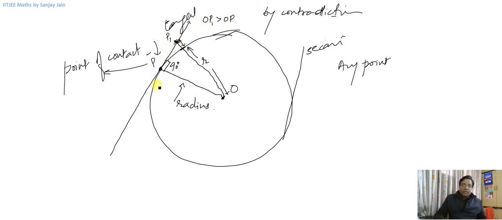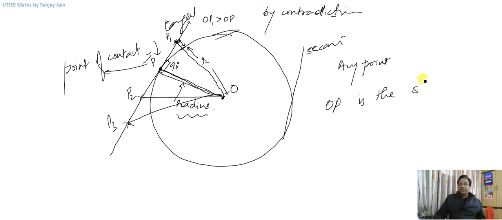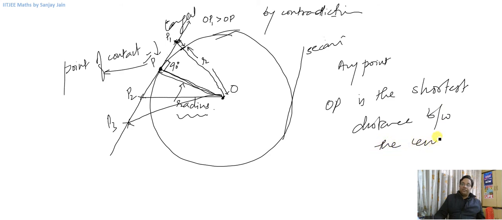This will be true for any other point apart from P which lies on this tangent, whether it is P2 or P3, because all these points are outside the circle. Hence, their distance from the center is going to be greater than the radius. So I can say that OP is the shortest distance between the center and the tangent.